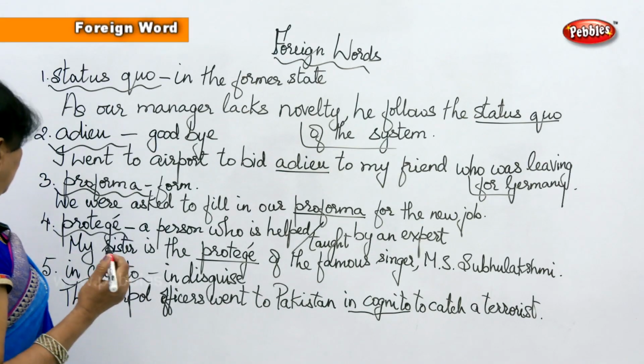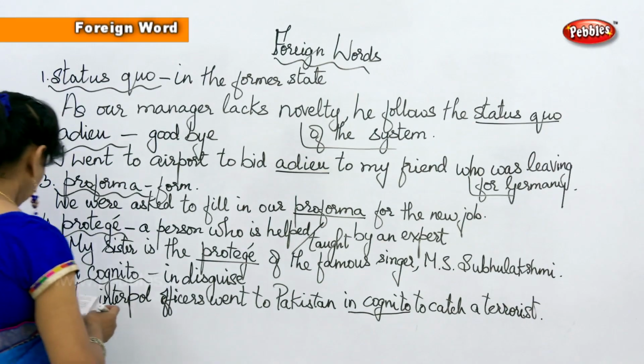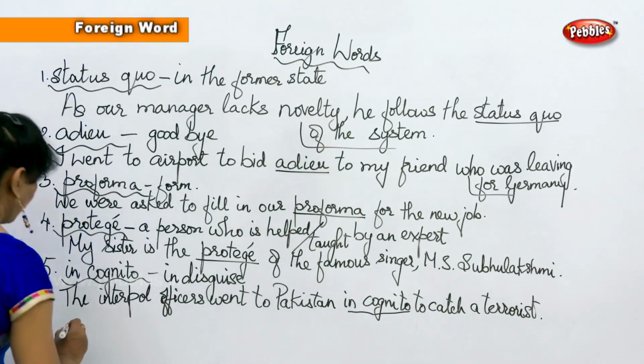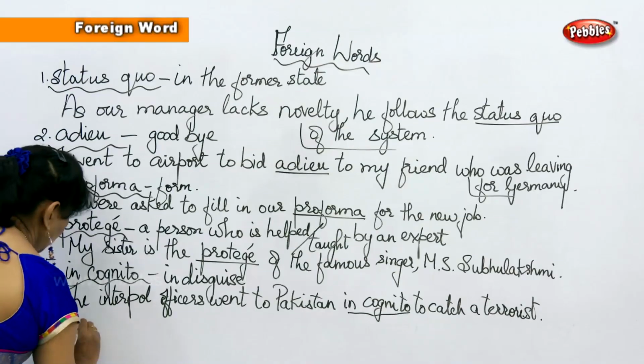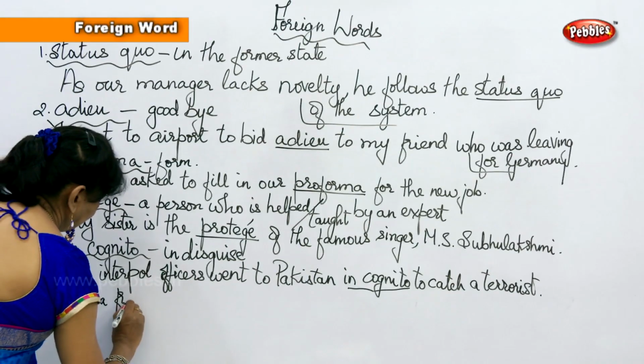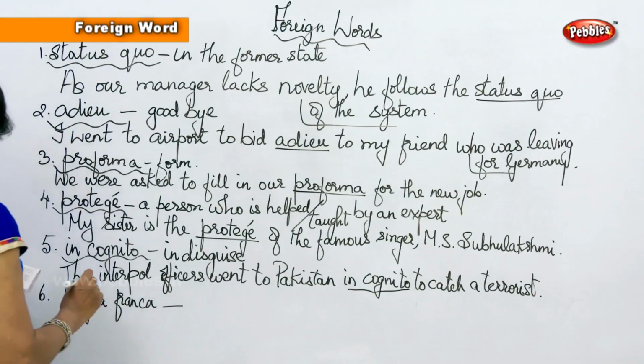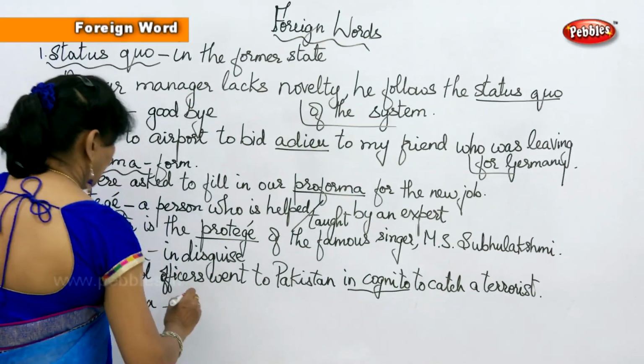Okay. One more we will write here and then we will go on to the rest. Next one, lingua franca. This also is a very common term. Lingua franca is a language commonly used. Lingua franca, common language.